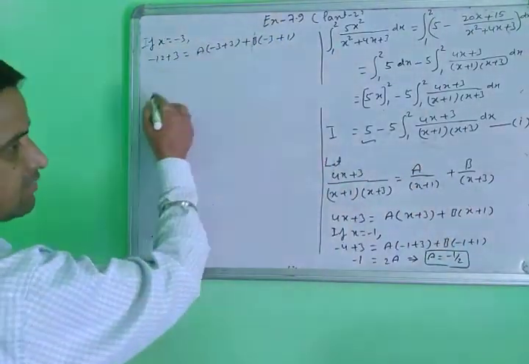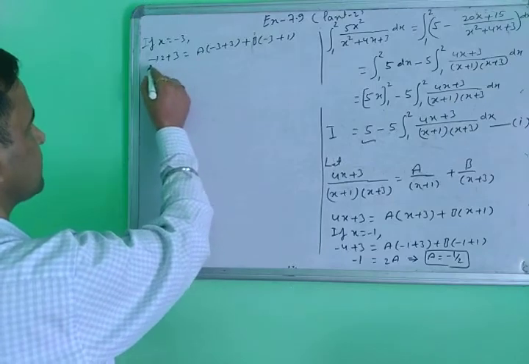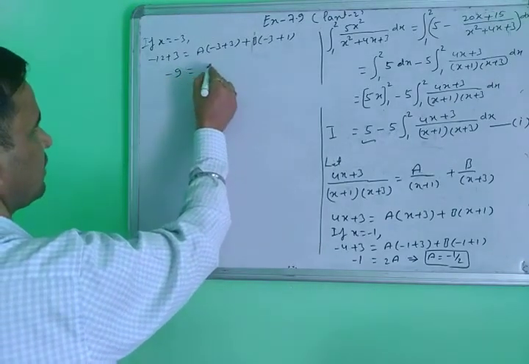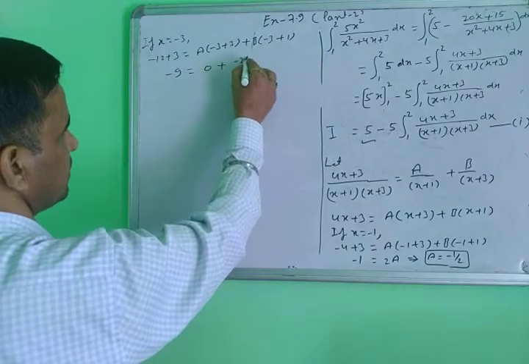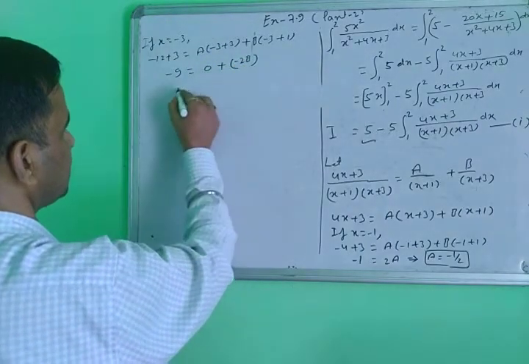So then you will get minus 9 equal to 0 plus minus 2b. What will the result be?